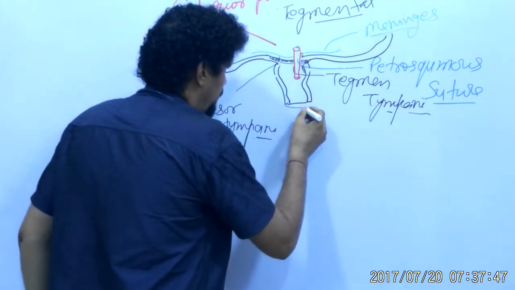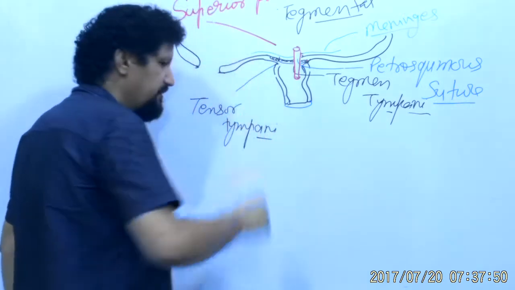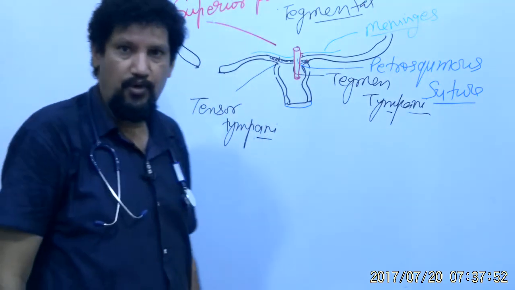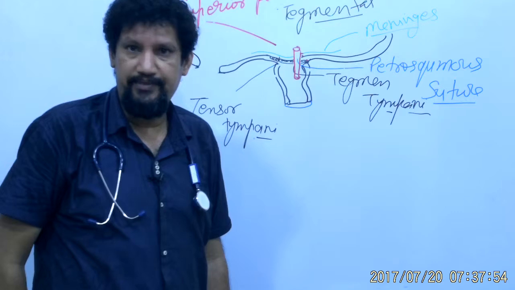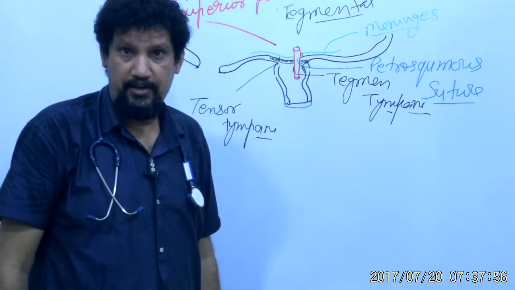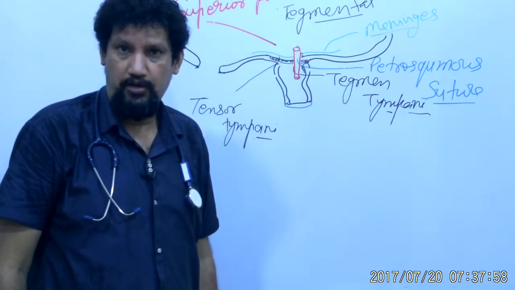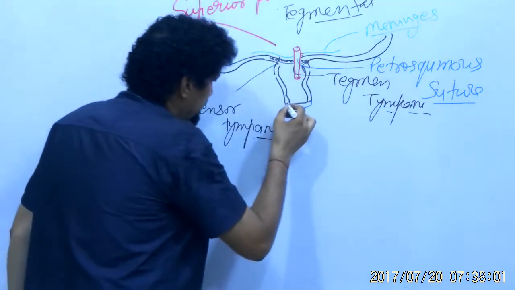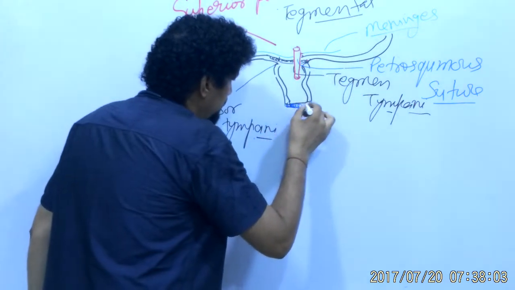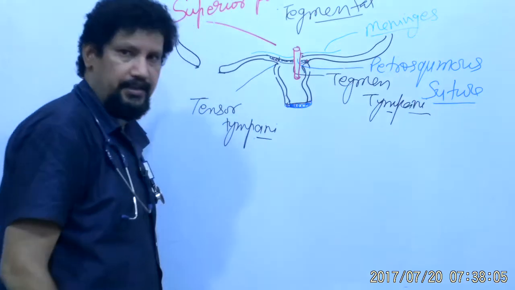This part is the floor, and this floor is again formed by a thin plate of the bone, which is a part of the petrous temporal bone. So this is the flooring of the middle ear cavity.